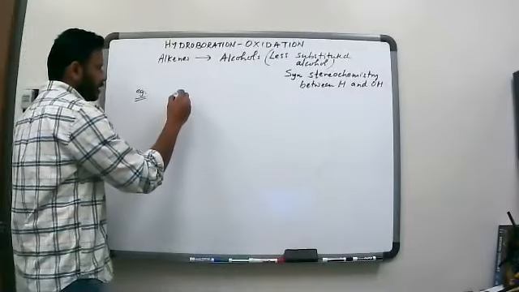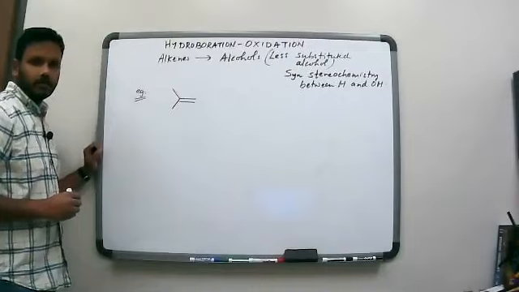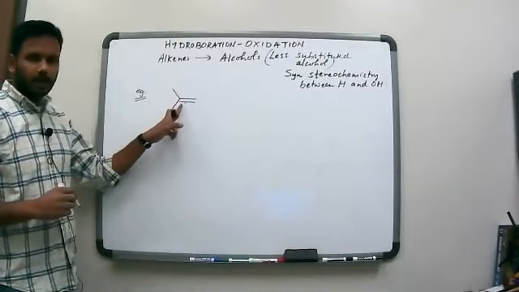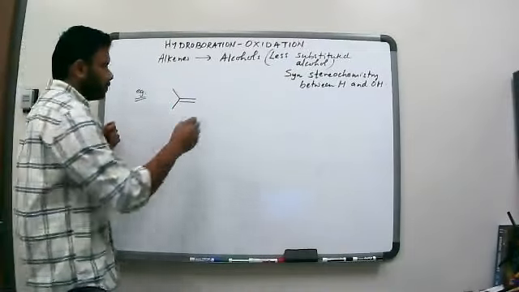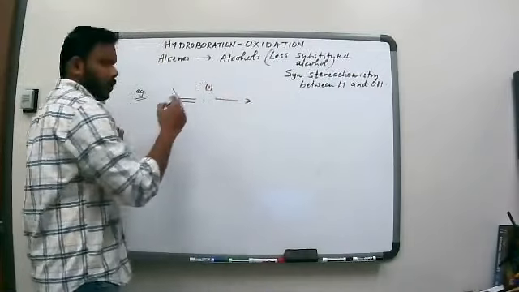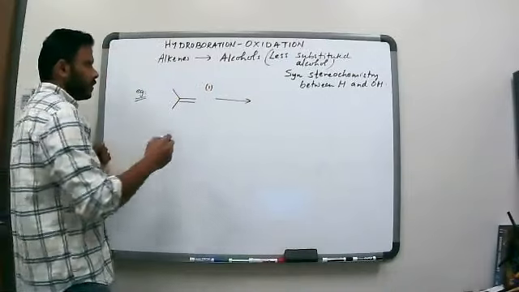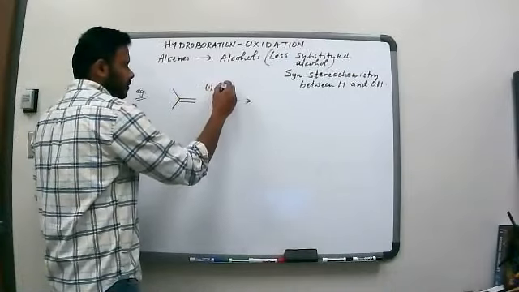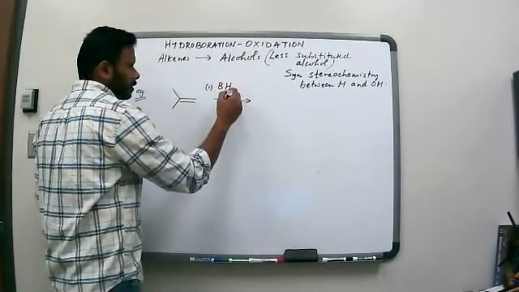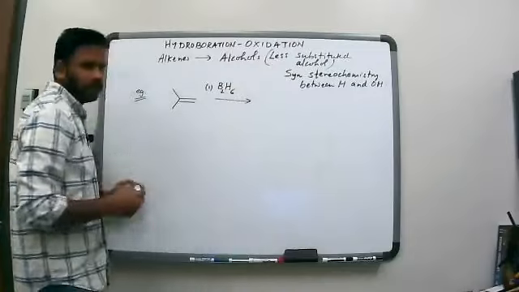Okay, so as an example, let's say we have an alkene, again, with a more substituted carbon and a less substituted carbon. When we do this reaction, it is also done in two steps, like an oxymercuration-demercuration reaction. In the first step, we react an alkene with a borane reagent, so something like B2H6.